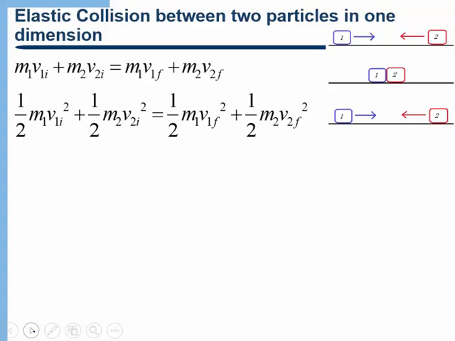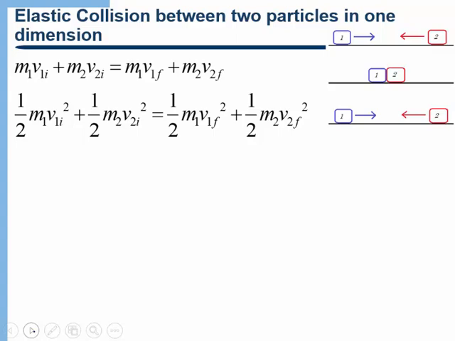The question is, I've got these two equations. I know I should be able to rearrange them so that I get v1 final just in terms of the initial values and v2 final just in terms of the initial values. The way you do this, though, is a little bit tricky. So I want to just go through it for you so you can see this kind of manipulation.